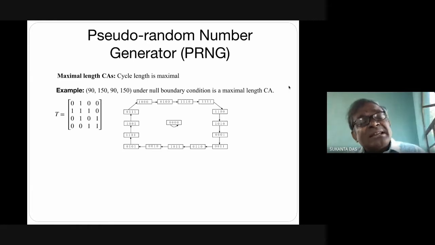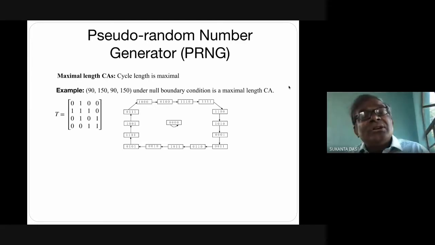Now, maximal length CAs are those CAs which include almost all configurations in a single cycle. Why am I saying almost all? Because it always excludes one. For example, in a linear CA, the trivial or zero configuration is excluded. So all non-zero configurations of a linear maximal length CA are covered by a single cycle.